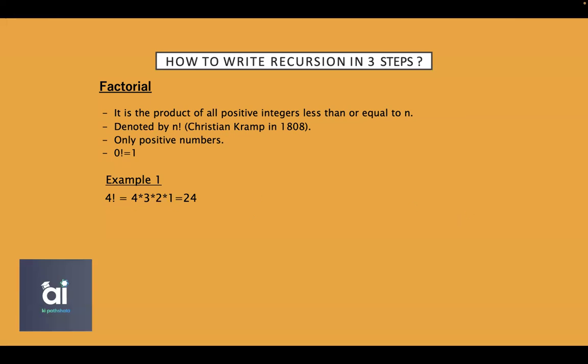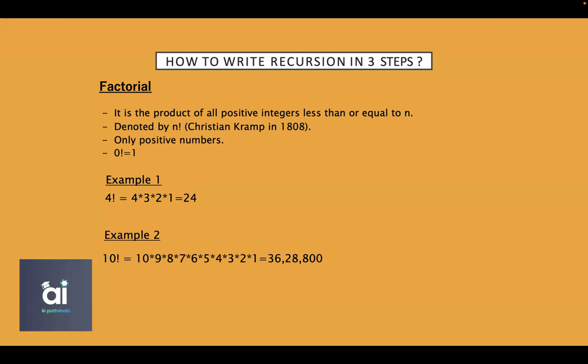Now, let's take another example. If you want to calculate the factorial of 10, how do we do that? Again, we start from 10 and take all positive integers that are less than or equal to 10.